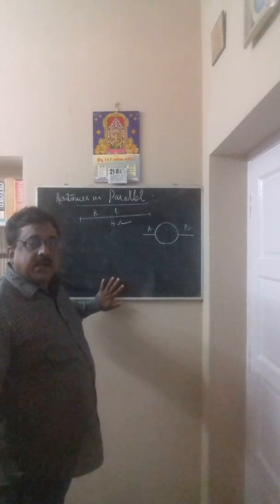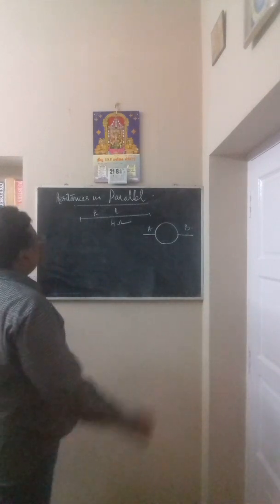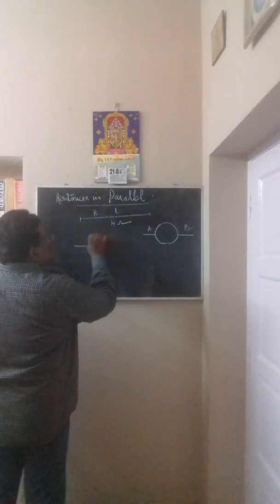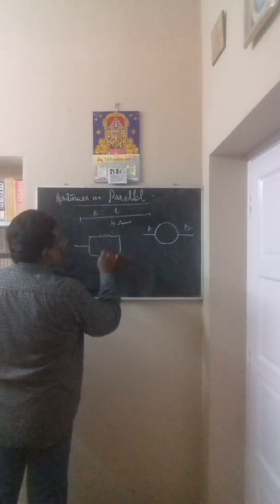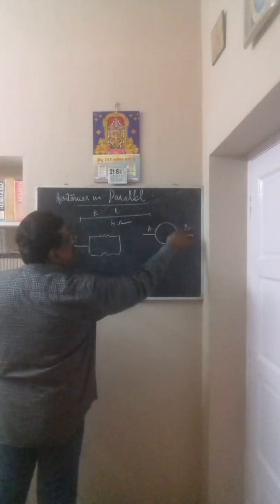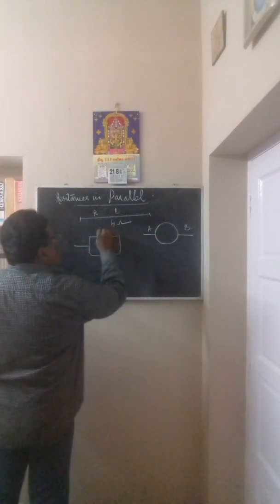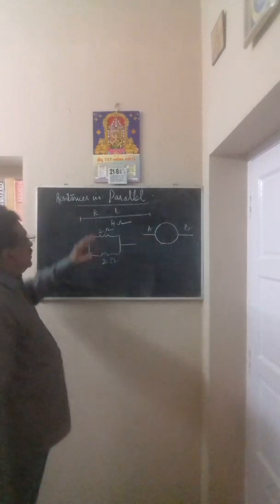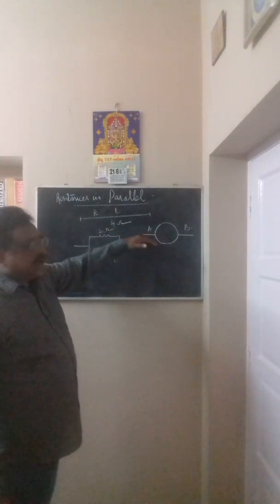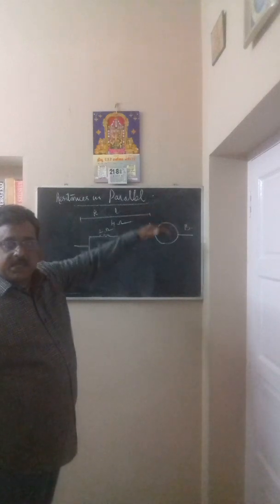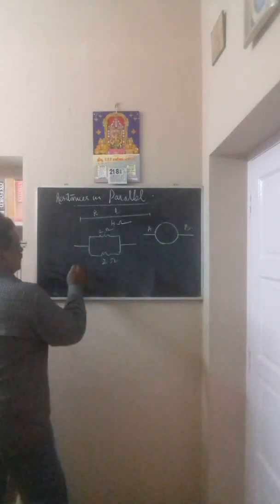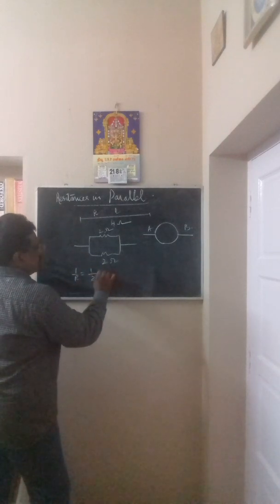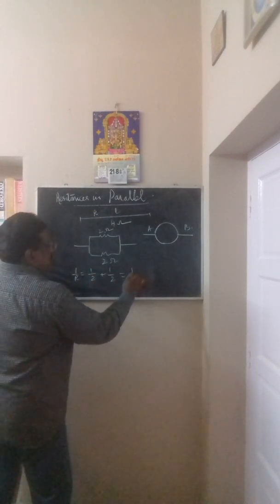If this is the question, then you should apply resistances in parallel, because this resistance will get divided into two, as the length will be half on the top and half on the bottom. So 2 ohms on the top and 2 ohms on the bottom. So now 1 by R is equal to 1 by 2 plus 1 by 2, which is equal to 1.